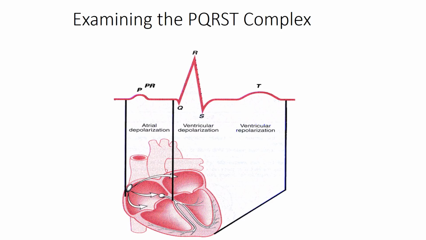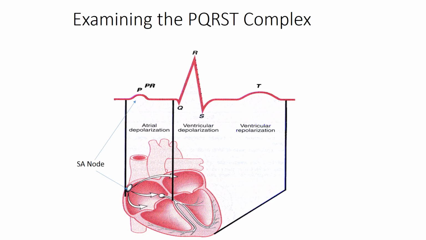So beginning with our P wave, the P wave is representing atrial depolarization. The atria are going to contract. So remembering our cardiac cycle, who started this atrial depolarization? It's the SA node. So in a sense, you can see the P wave as the SA node's signature, for instance, for triggering an atrial contraction.